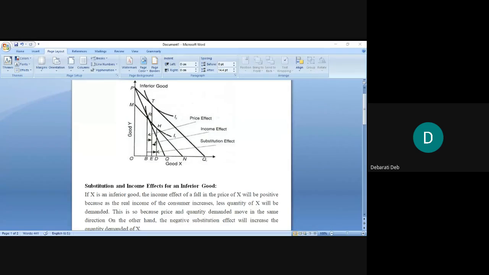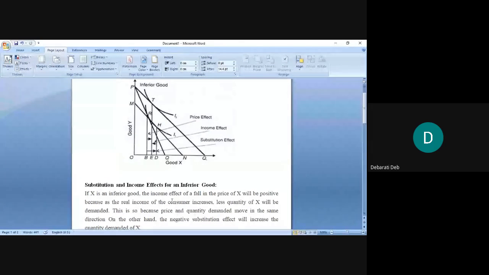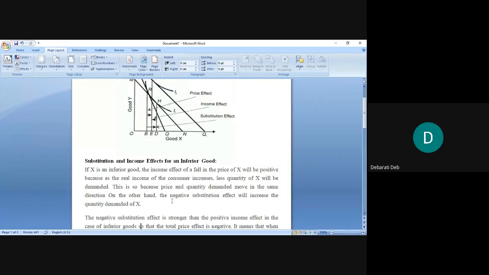But in case of inferior good, that will not happen. If the consumer's income increases, that does not make an increase in the demand of that good. The consumer will actually demand less.